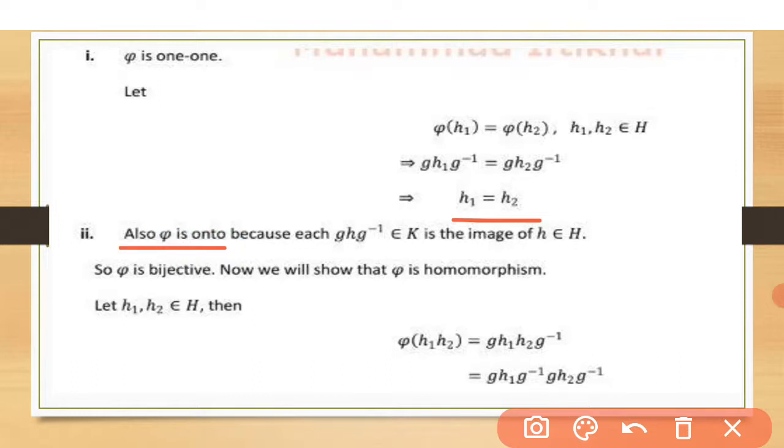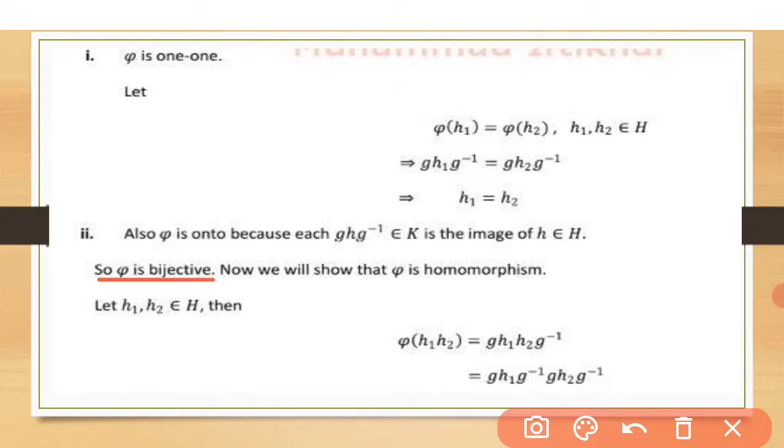Also phi is onto because g h g inverse, the conjugate of h, is the image of h because the number of elements is the same. So phi is also onto, and when it is one to one and onto, it means that it is bijective.